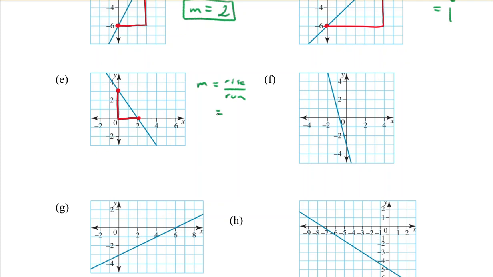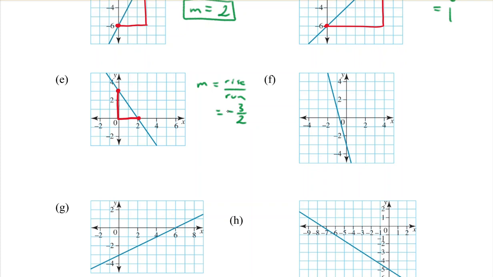So the rise is 3, 1, 2, 3, and my run is 2. Is it positive or negative? Ethan's already ahead of me. Yes, negative, downhill. So put a negative sign in front of it. So you can leave it like that, or you could change that to negative 1.5, but I'll just leave it like that, keep it simple.